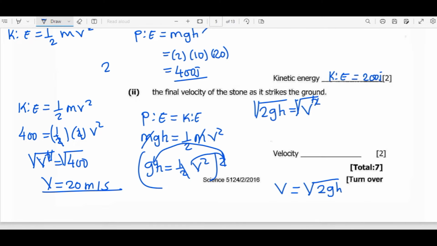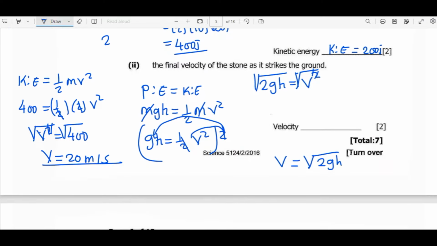This is the formula that you can use whenever you're trying to find the final velocity. If we do substitution, we have 2 times 10 times the height, which is 20. If you do the math here, you get 400, the square root of 400, you still get 20 meters per second.